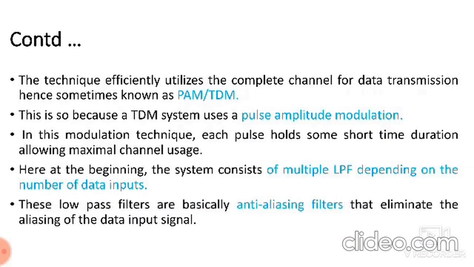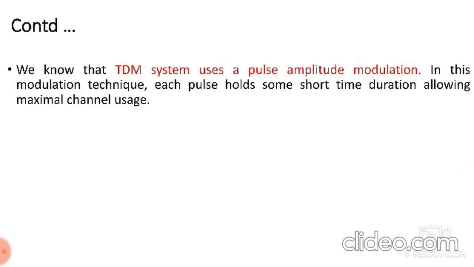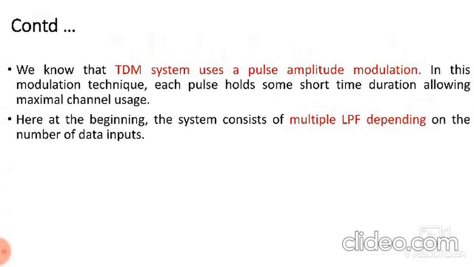Mainly, low pass filters, that is basically anti-aliasing filters, are used here to separate the signals. So time division multiplexing uses pulse amplitude modulation techniques. At the beginning, the system consists of multiple low pass filters depending on the number of data inputs.